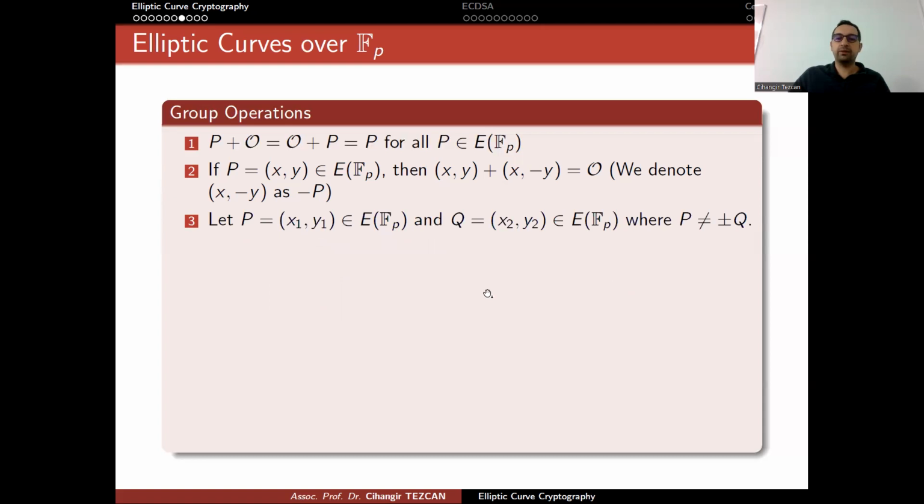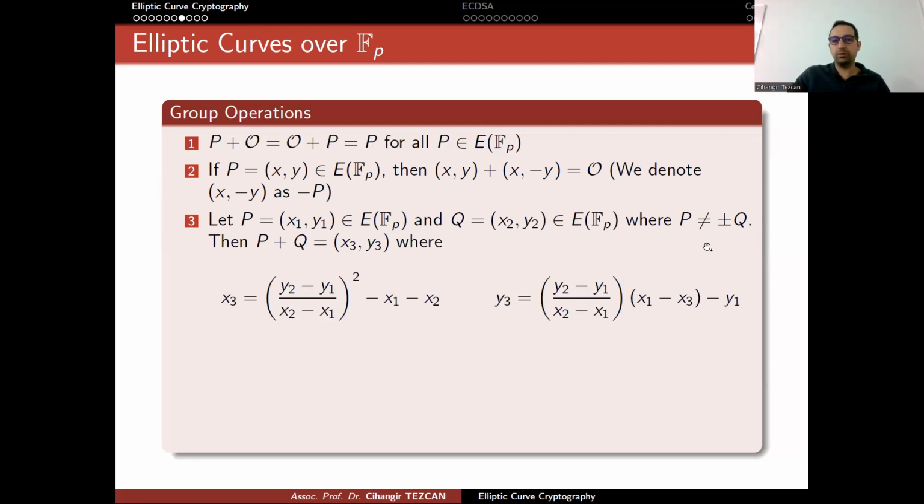We said that we can add P to Q by drawing the line and so on. But of course, in practice, you are not going to intersect lines. In computers, we need a mathematical definition for that. So it works like this. If P is different from plus or minus Q, then P plus Q, which has the coordinates x3 and y3, is computed like this.